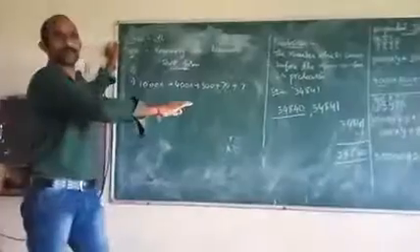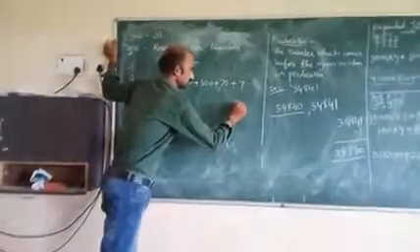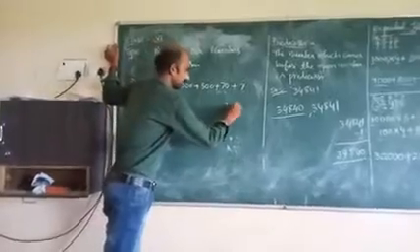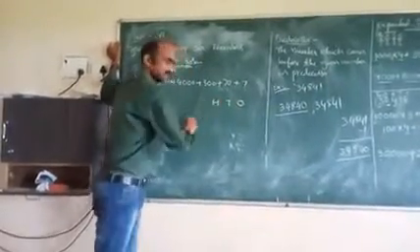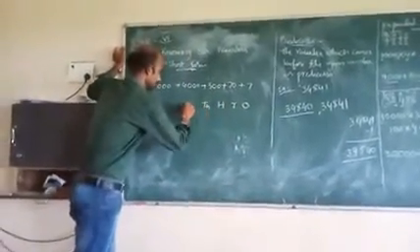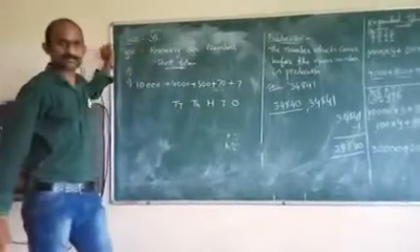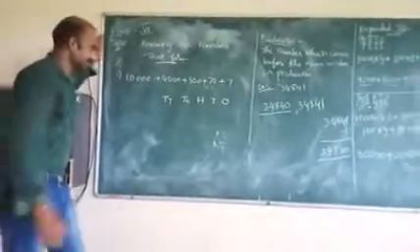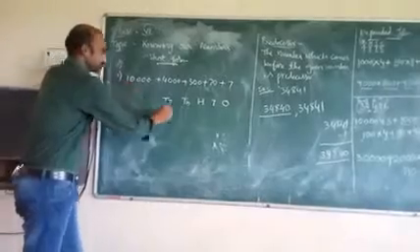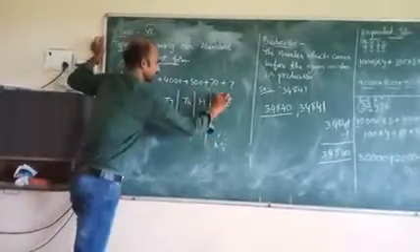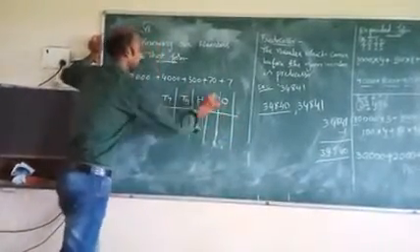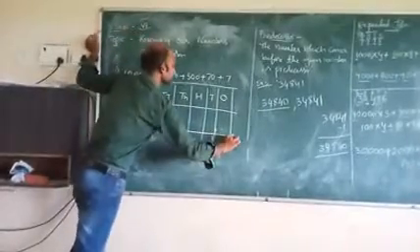This is the short form. First of all, write the place values: ones, tens, hundreds, thousands, and ten thousands. Why did we write up to 10,000? Because the highest place value is the 10,000 place. Here we have to add all the ones digits.